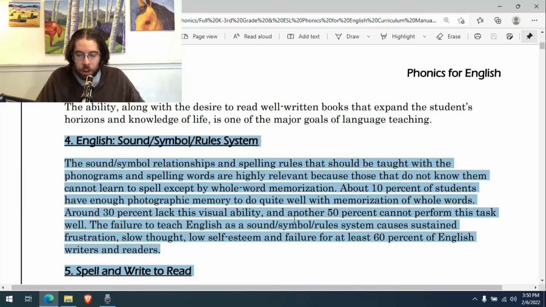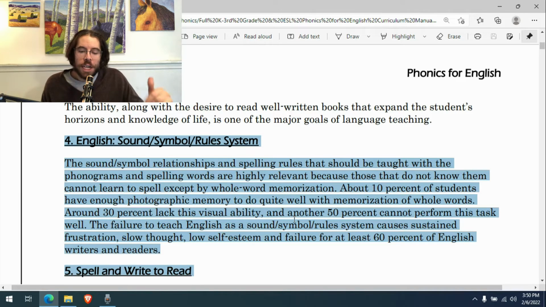So about 10% of students have enough photographic memory to do quite well with memorization of whole words, and I'm probably in that 10%, but it's a very small percentage. Around 30% lack this visual ability, and another 50% cannot perform this task well. So those numbers are huge.